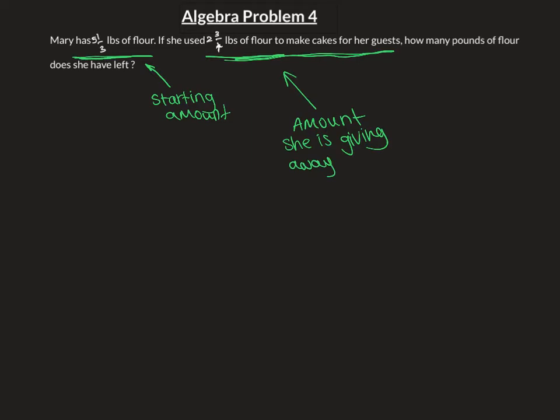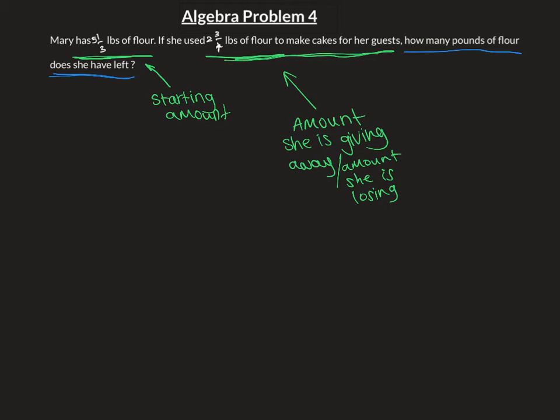So this is the amount of flour she is losing, or the amount that she's giving away. And then our question is, how many pounds of flour does she have left?